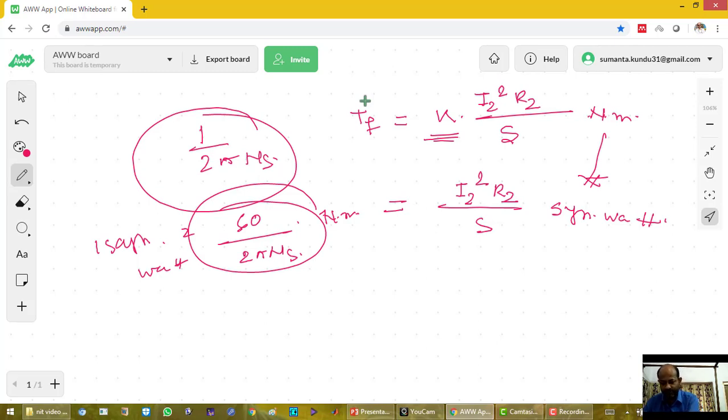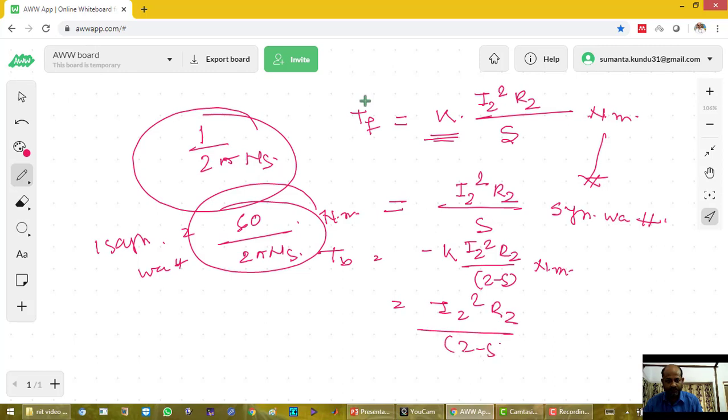Similarly for TB, it is minus k I2 square R2 by 2 minus S. So again it is in Newton meter. So it will become I2 square R2 by 2 minus S in synchronous watt, right?